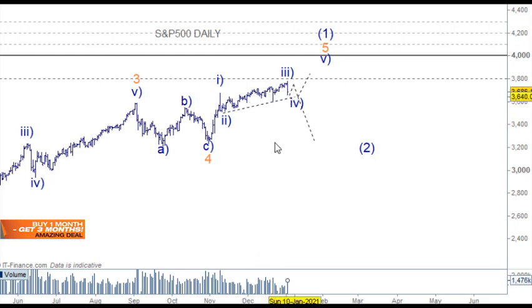We just need to see if we're going to be breaking out of this leg, or we're just going to be continuing in that leg, which hasn't been a very nice trending situation. So that's what we'll be looking at tomorrow.